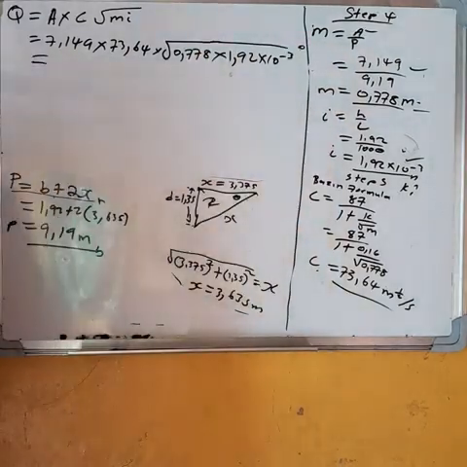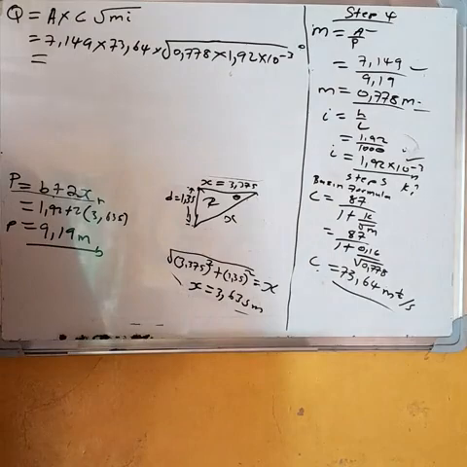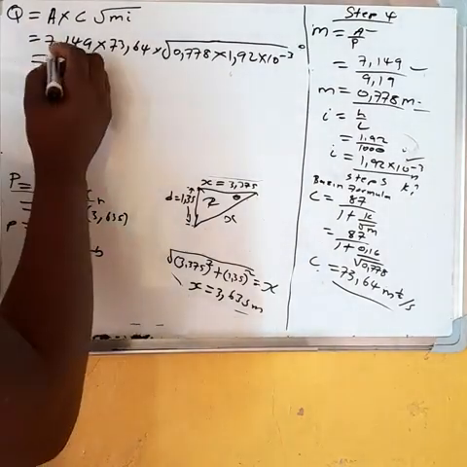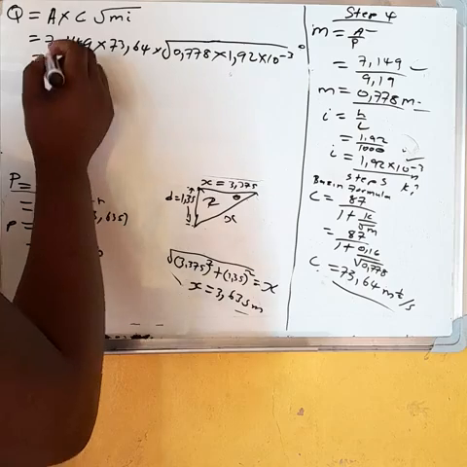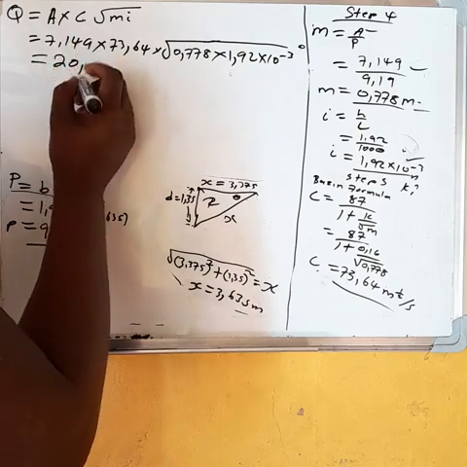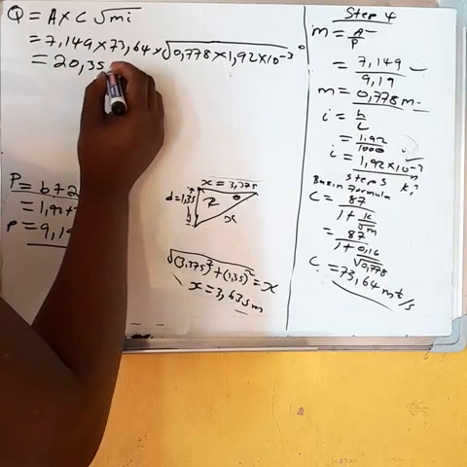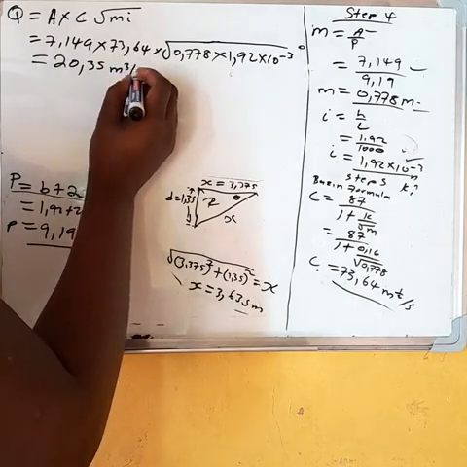Punch your calculator there. You're supposed to get 20.35 cubic meters per second.